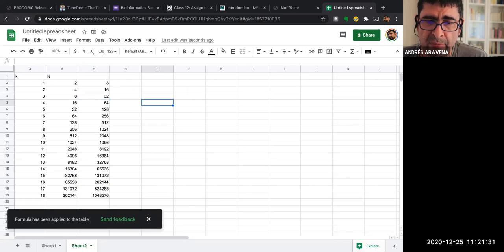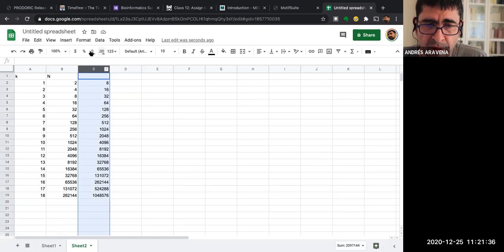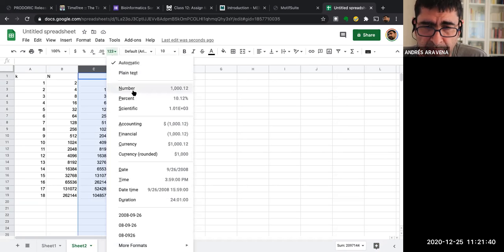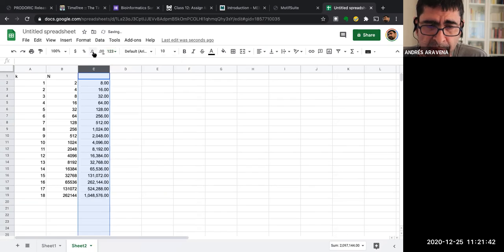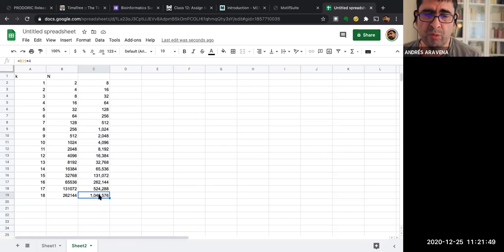Okay, let's divide by 1000. Let's put decimal here. So how much memory do you need? Okay, no decimal. So here you have 1 kilo, and here you have 1 mega. Okay, this thing should work. Okay, fine. How much memory do you need?